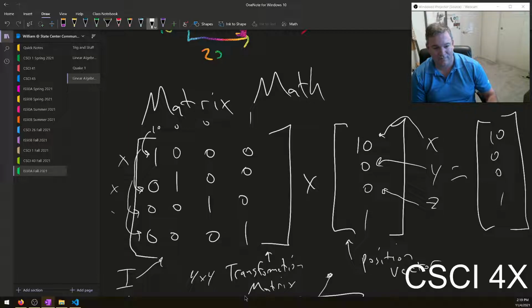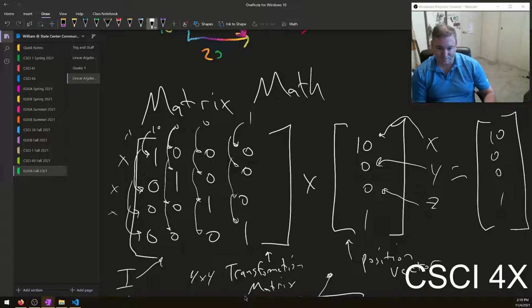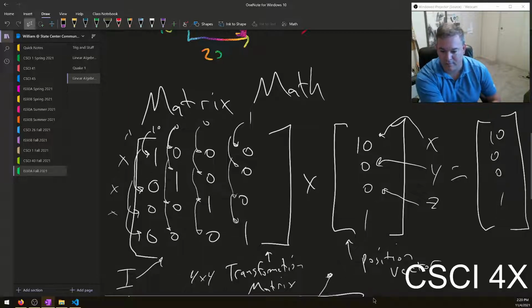These are multiplies. 0 times 0, 0 times 1, 0 times 0, 0 times 0, 0 times 1, 0 times 0, 1 times 0, 1 times 0, 1 times 0, 1 times 1. And so I'll just draw it over here, I guess.